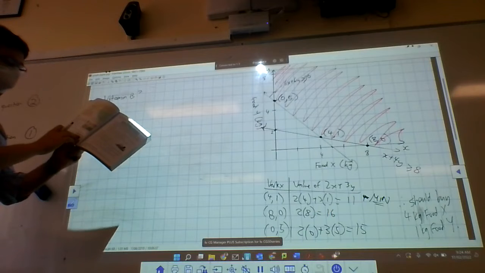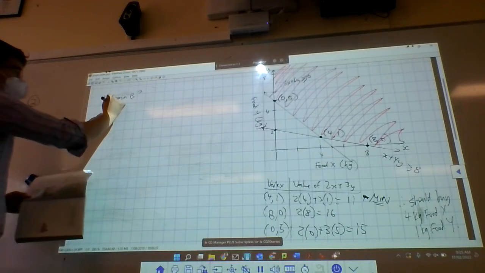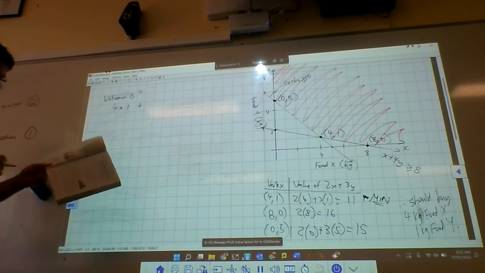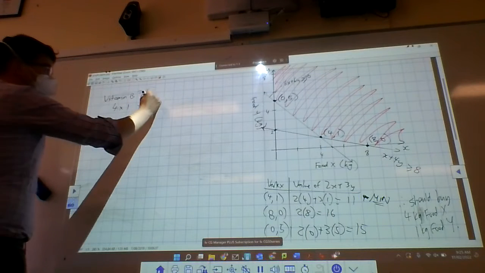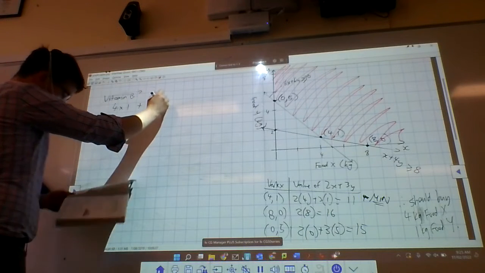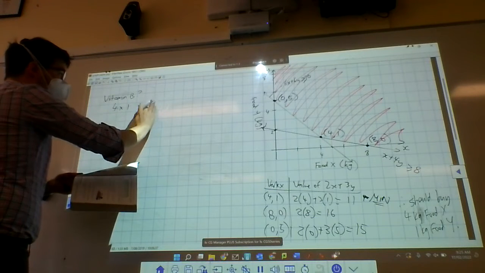Well, you'd have 1 unit for every kilogram of food X. So 4 times 1, plus you get 4 units for every bag of food Y. So 4 times, plus 1 times 4.